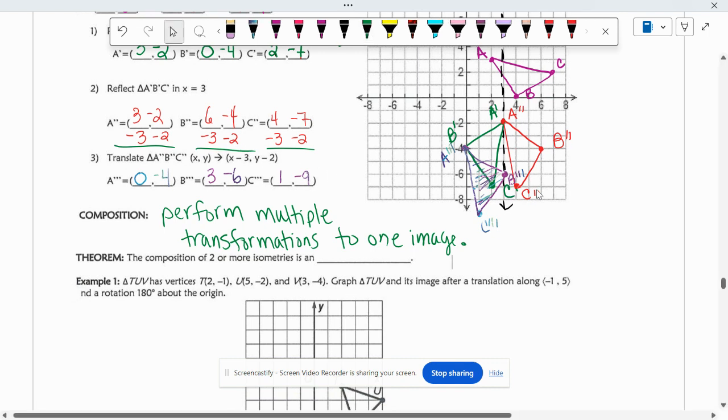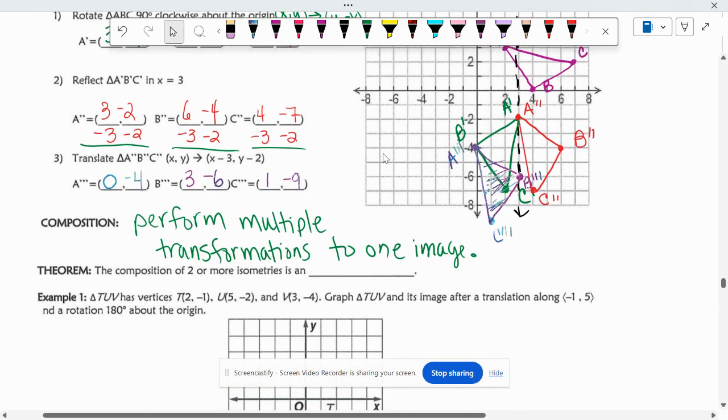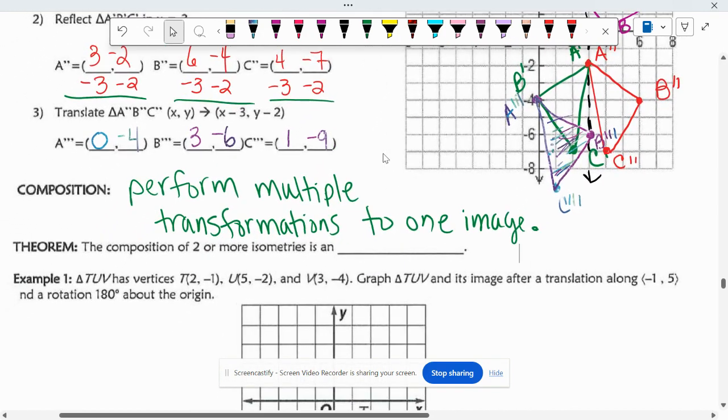Okay. So we had this word isometry when we first started this lesson. I'm going to underline it. So we said that an isometry is just, iso means same, meter means measure. So it just means it has the same measure.